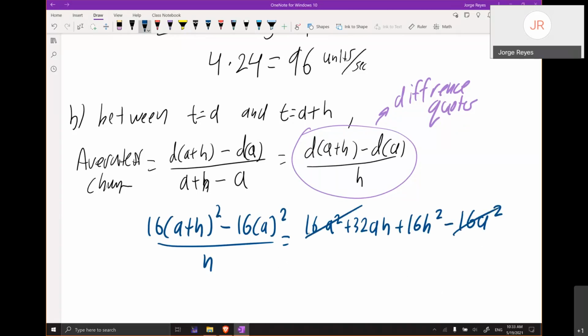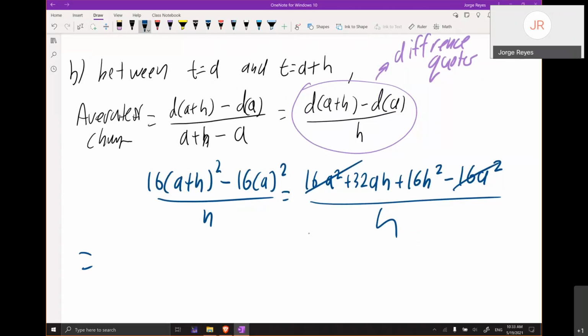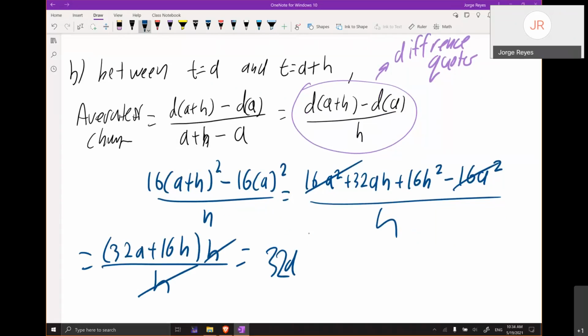Those cancel, and we're going to get 32ah plus 16h squared. I'm going to factor out the h automatically. I hope that's okay. The h's cancel, and we get the answer: 32a plus 16h. And yeah, that looks like the difference quotient, right? The h cancels at the end and we get this thing. But it's also the average rate of change between these two things.